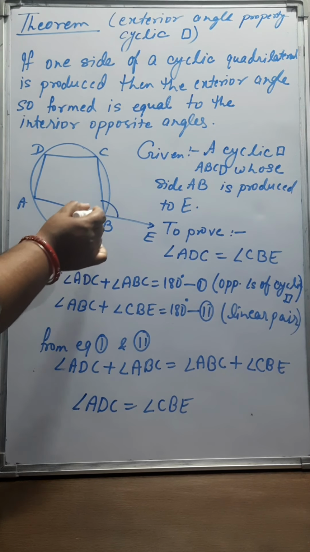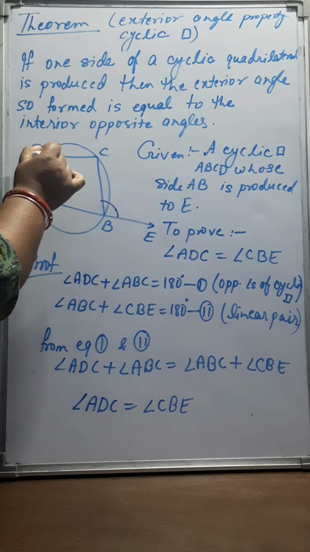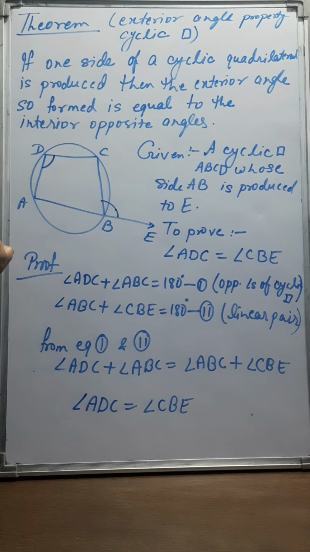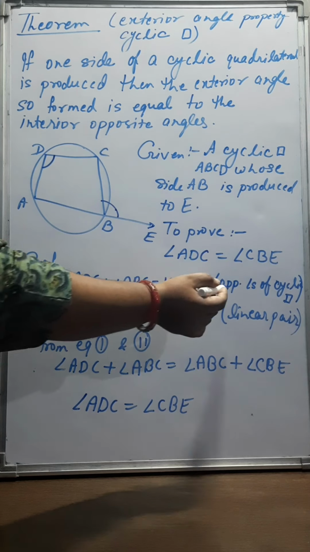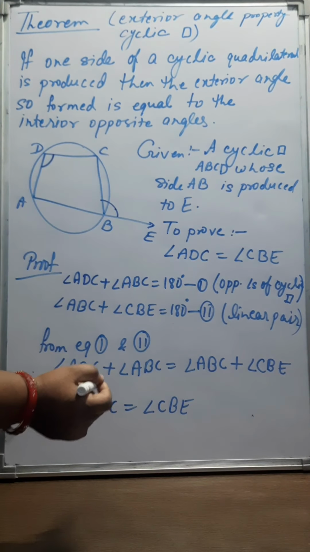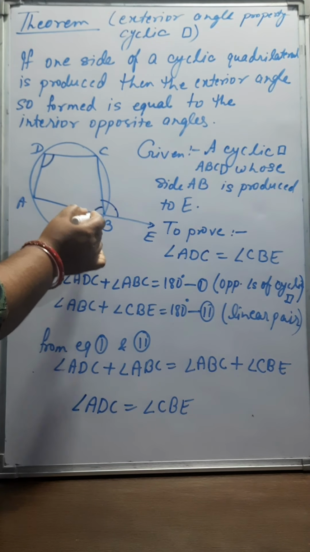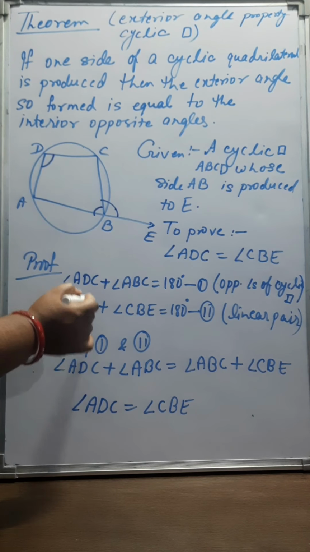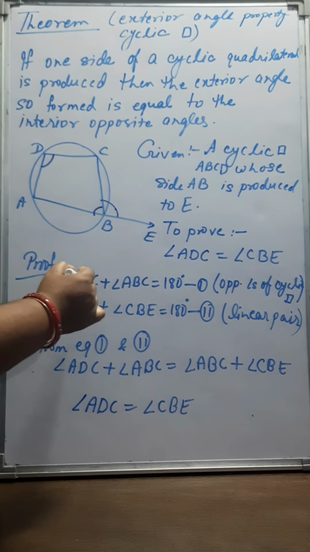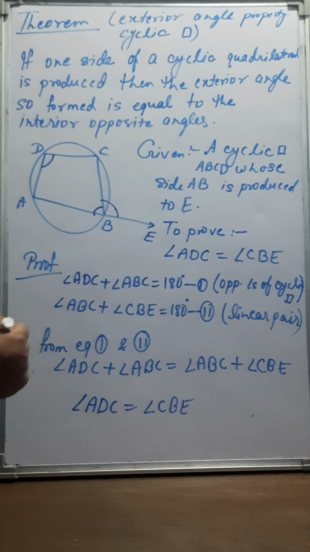We have to show that this exterior angle is equal to angle D of the cyclic quadrilateral. How can we prove it? We know by the property of a cyclic quadrilateral that opposite angles sum to 180 degrees. So angle ABC plus angle ADC is equal to 180 degrees.